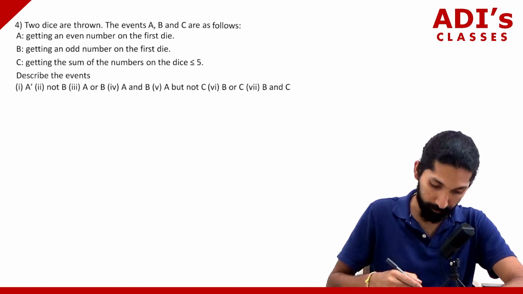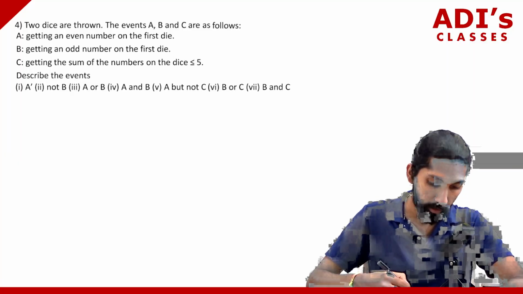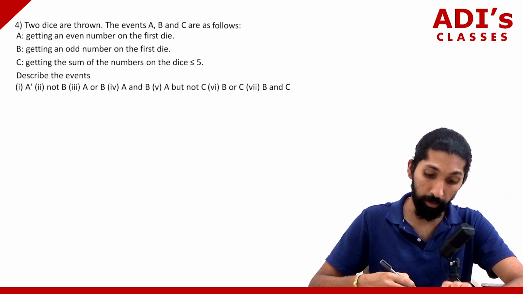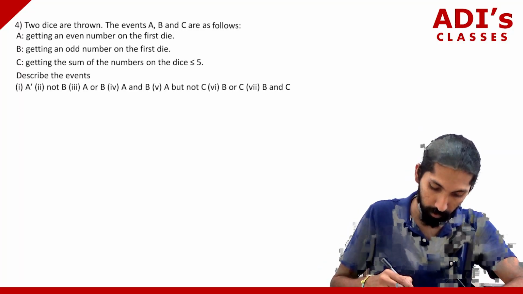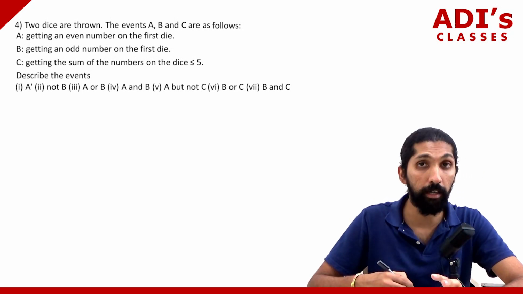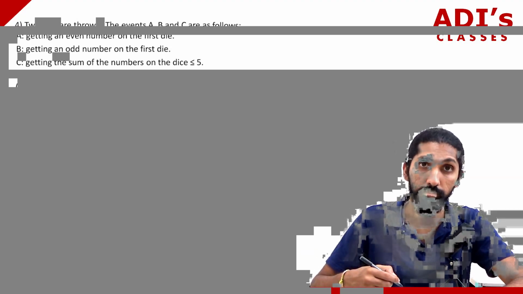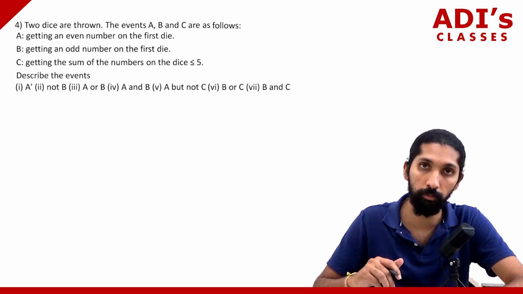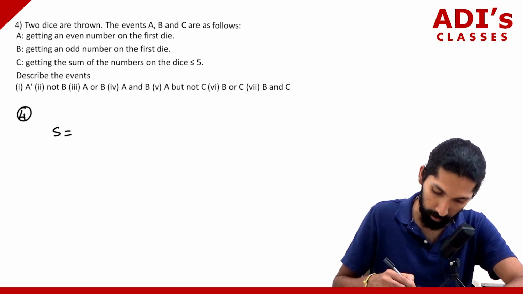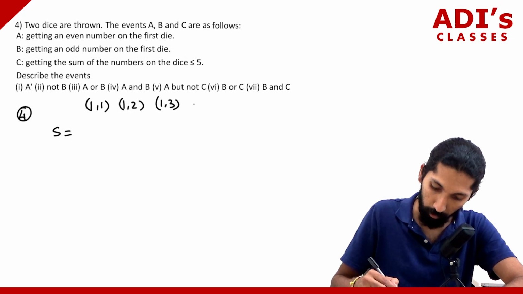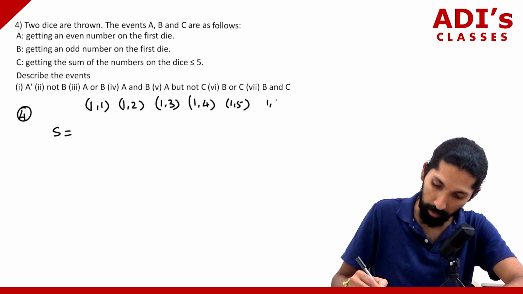See the fourth one. See in the fourth one, two dice are thrown. Events A, B, and C are as follows. So first let's do the S value. Guys, I think it's easier if we write all 36 together. Okay, all 36 possibilities, whatever we have. See, this is going to be, first I would say this is 1,1, 1,2, 1,3, 1,4, 1,5, 1,6.